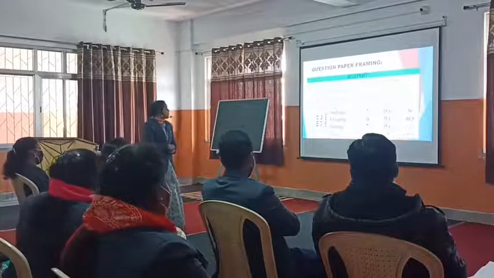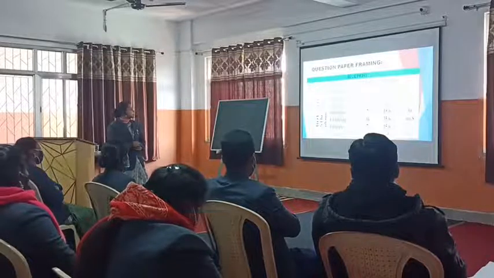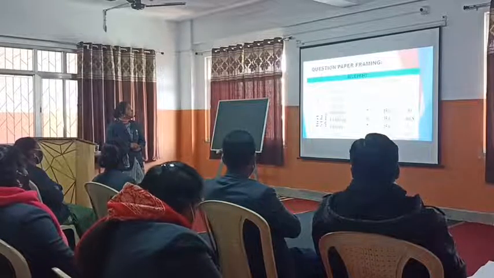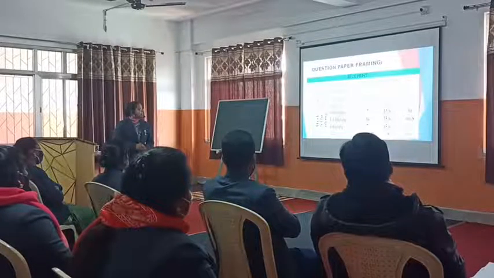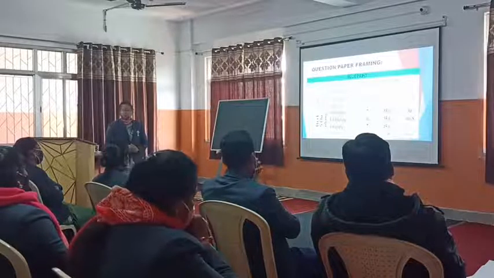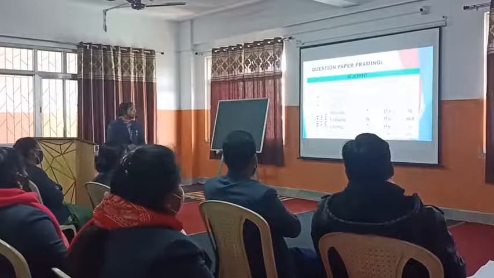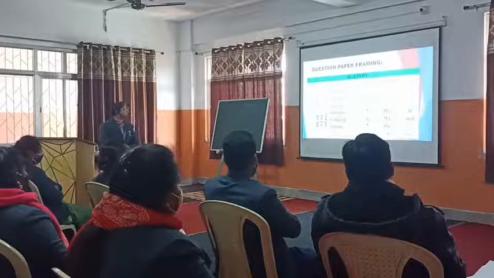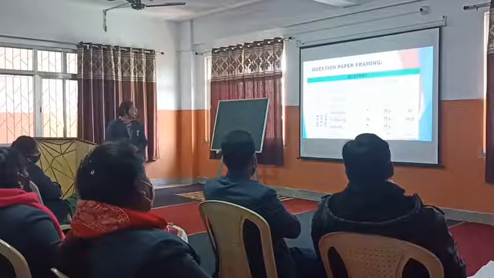So here see the levels of the cognitive domain are given. From remembering we can give approximately 3 questions, that includes 16.67%. From understanding level we can give 10 questions, that includes 22.2%.